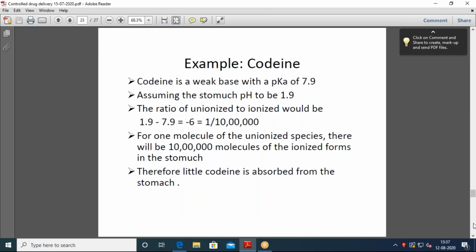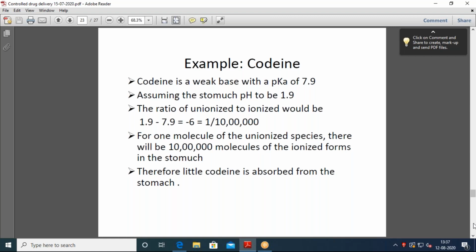Codeine is one more example. All the calculations are a bit complicated. You need not know all these calculations. I've just put them in the slide to help you understand, and whenever you have time, you can go through them.